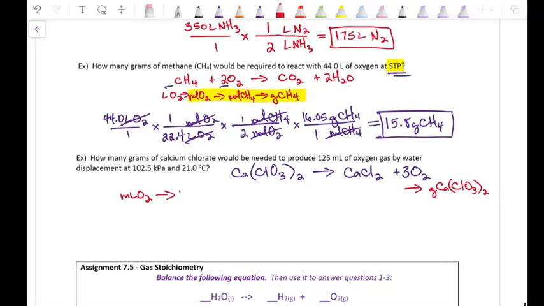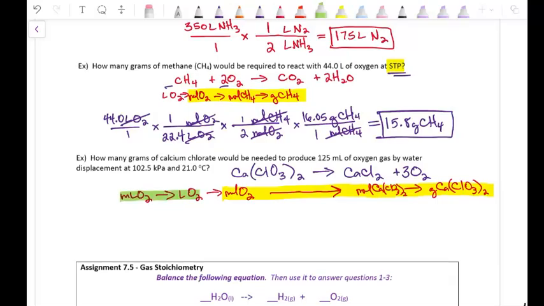One way to go would be to say, I need to get to liters of O2, and then from liters of O2, I probably need to get to moles of O2, and then to get to grams of calcium chlorate, I probably need to get there from moles. And so these two would bridge the gap and go straight from moles to moles. The second part of this is just stoichiometry, going from moles to grams. We just did that. But the first part, milliliters to liters, is just a simple one-step conversion.